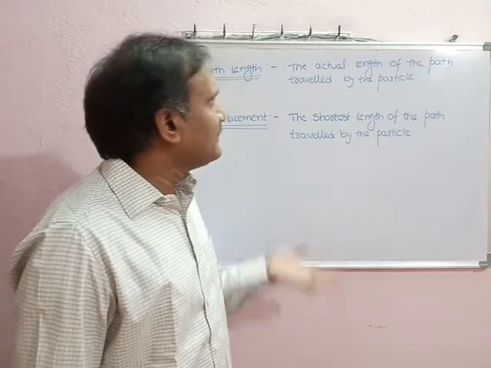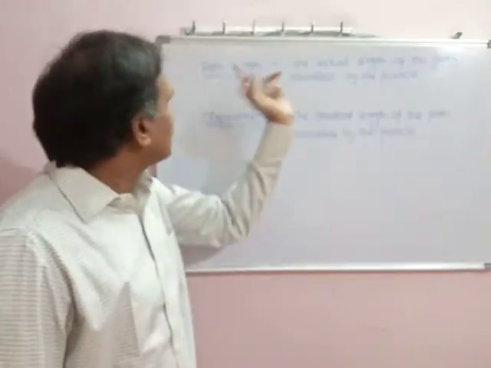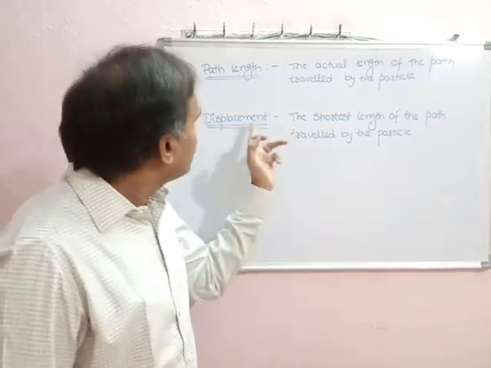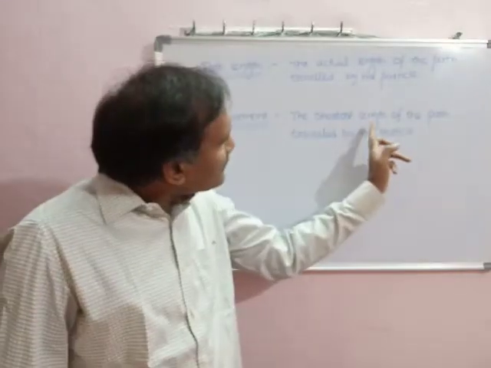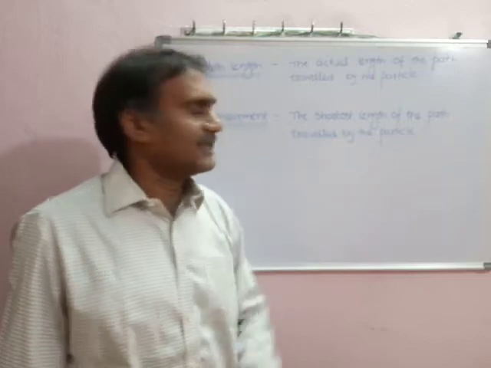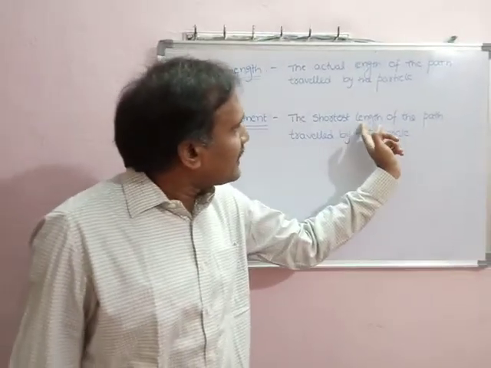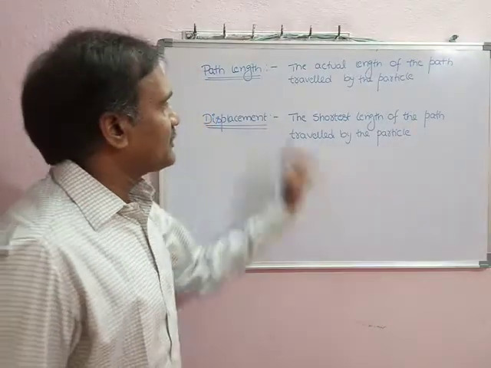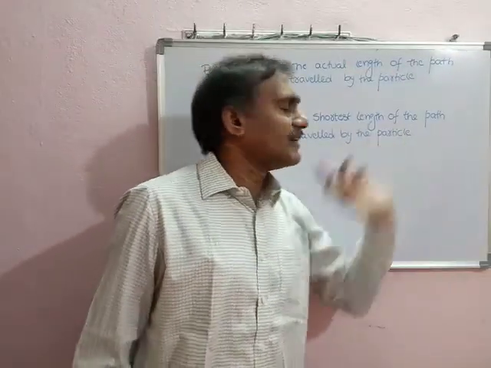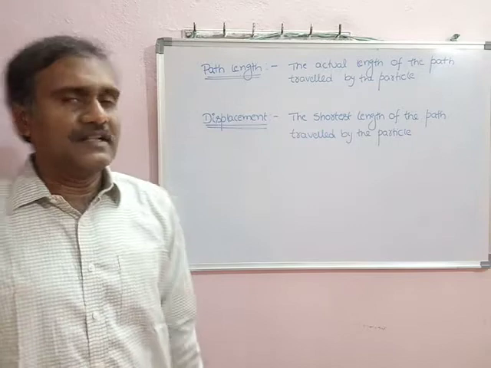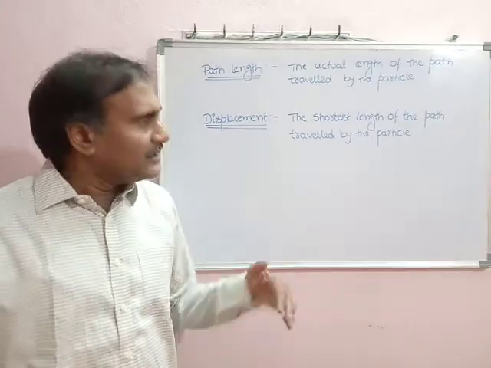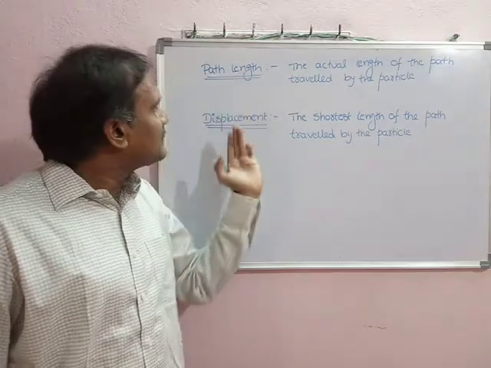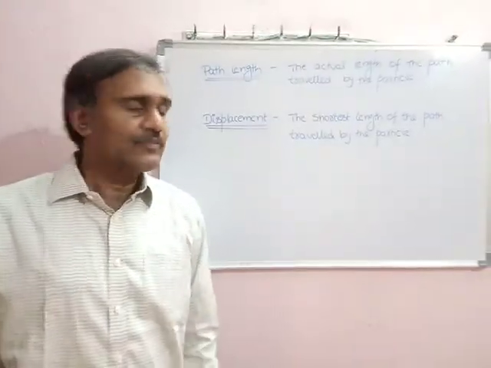In your ninth standard, you called path length distance and displacement the shortest distance traveled by the particle. Instead of distance, here I want to name it length of the path. A little later I will give examples for both of them, path length and displacement.